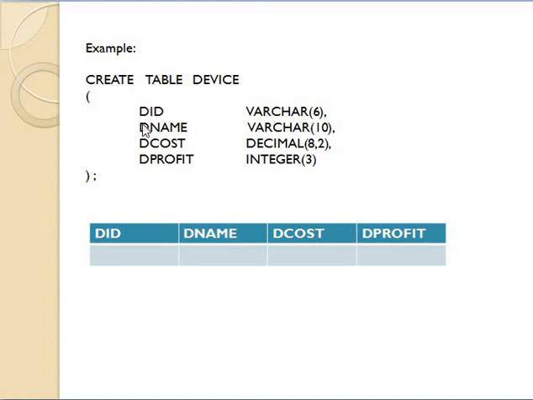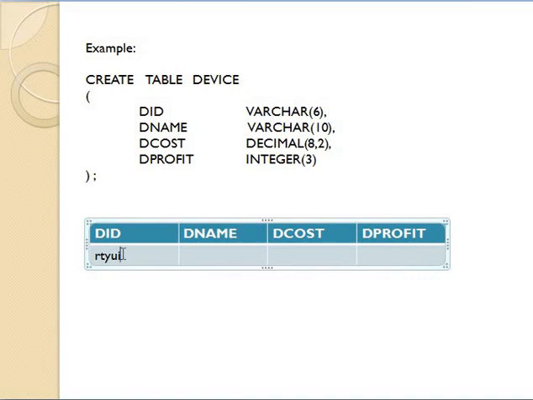Say for example, if you supply a value for the column named did as rtyui, then how many characters does this value contain? You count. It contains r for 1, t for 2, y for 3, u for 4, and i for 5. So in total this value contains 5 characters, and since the maximum allowed limit is 6, that's why this is acceptable. It's an acceptable value for the column did.